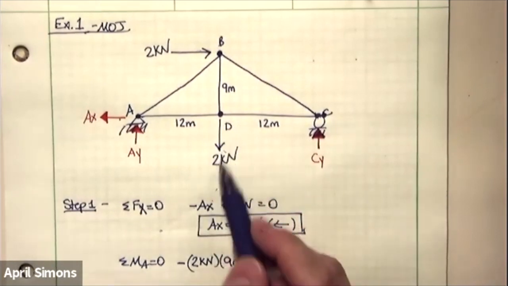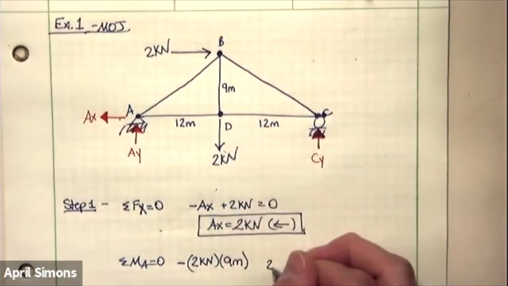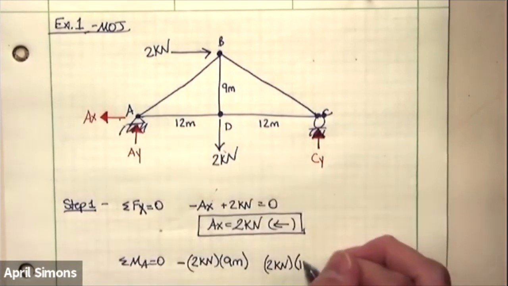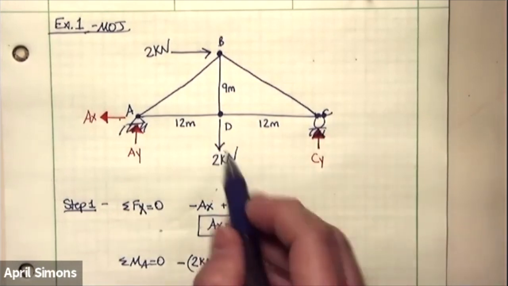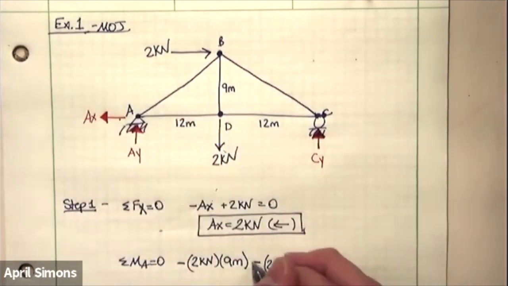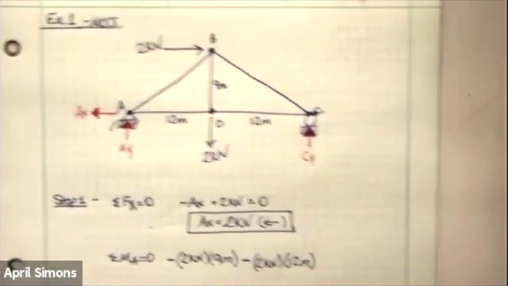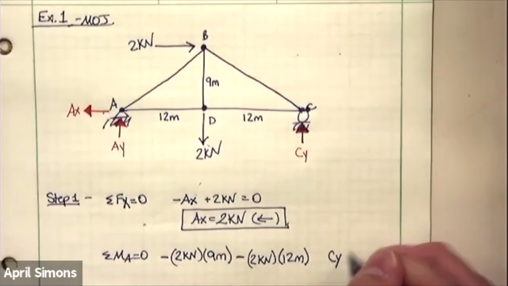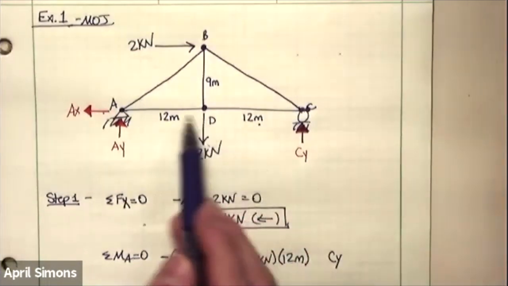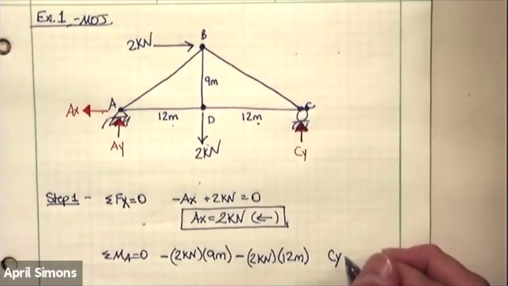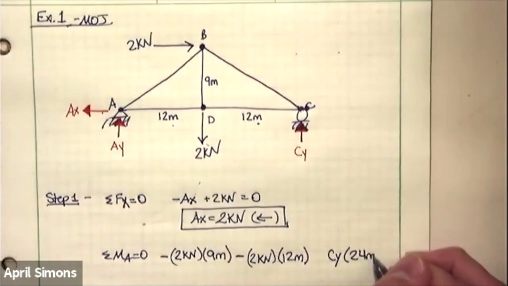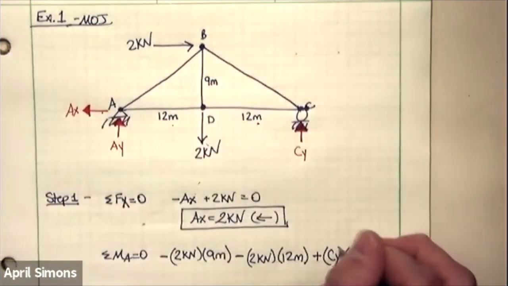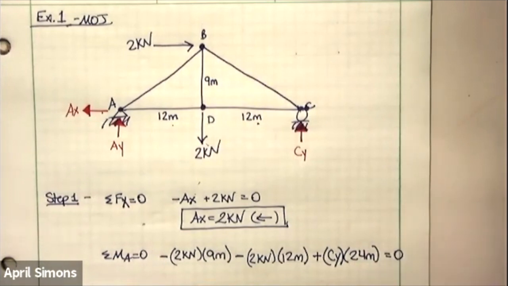Next, we have our 2 kilonewton force here at D times our horizontal distance here, 12 meters. That's also going to be clockwise, so that's a negative term. And then last, we have CY times our horizontal distance here, 12 plus 12, gives us 24 meters. That's going to be counterclockwise, so this term will be positive. All this equals 0.